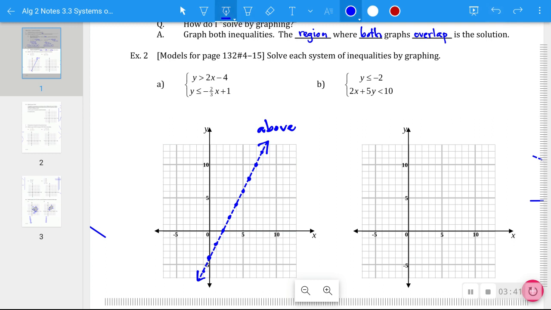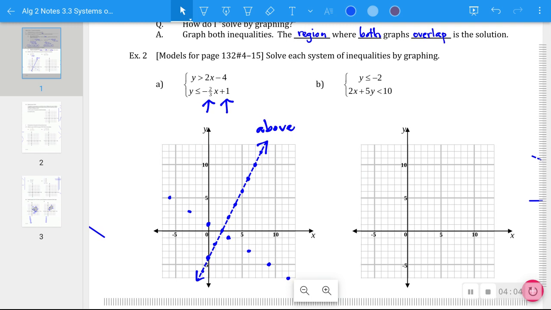But we have the second one, and it has a y-intercept of 1, so we'll work with that. And the slope is negative 2/3, so you count that out: 2 down, 3 over, 2 down, 3 over. And this time we're going to draw a solid line because it's got the or equal to.